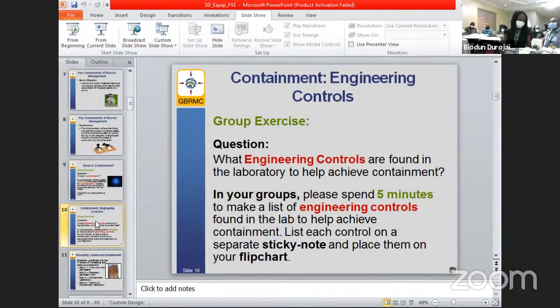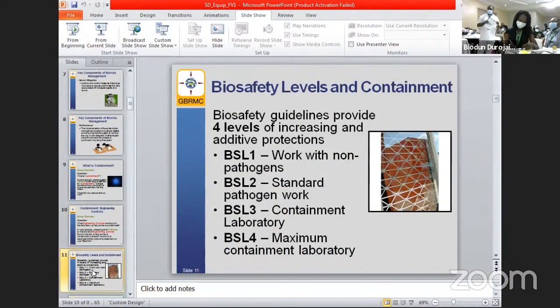Of course, the lowest level is CL1, in which case work is carried out with non-pathogens. And then containment is minimal, if any at all.